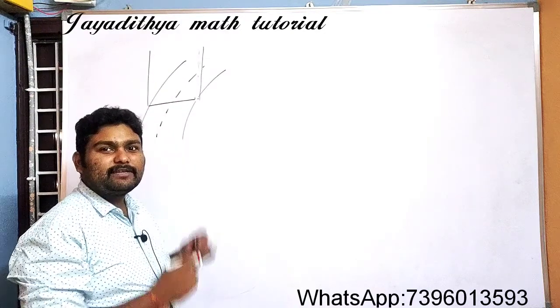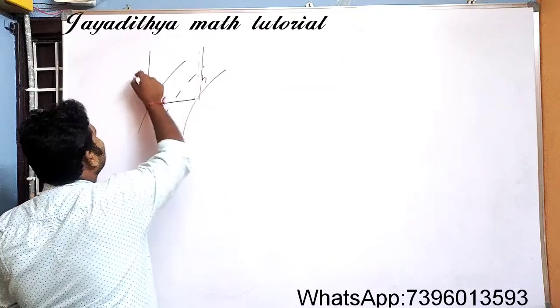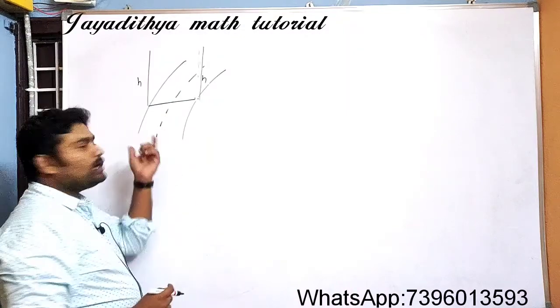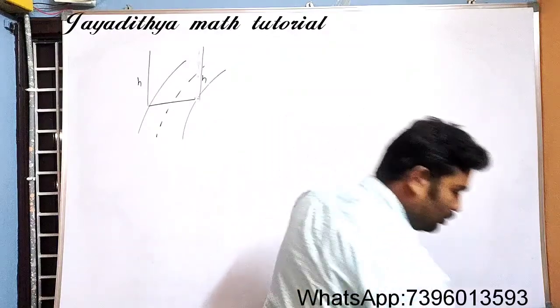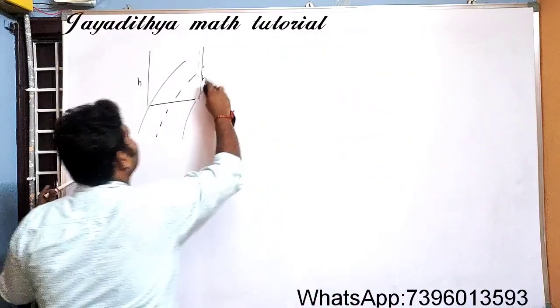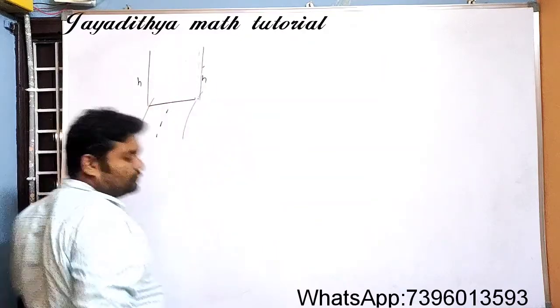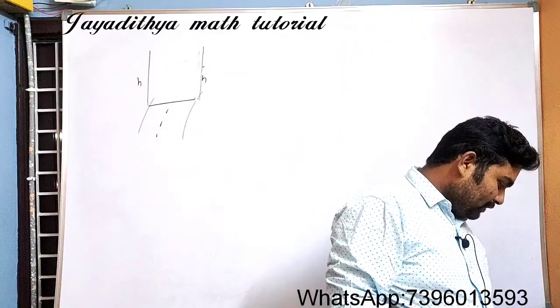And what is the condition he has given? Both the towers are of equal heights. So let us take the heights of the towers as h and h. I hope you have got the concept here. Now I will rub out the road for your convenience. The road is 120 feet wide.